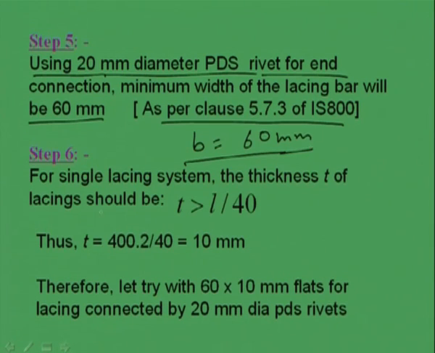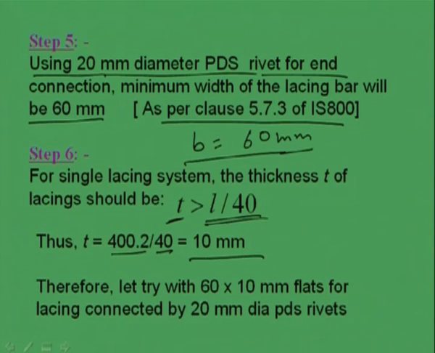And then in the next step we will find out the thickness. The thickness for single lacing system should be greater than L by 40. So, L is 400.2 and 40, so we are getting 10 mm.